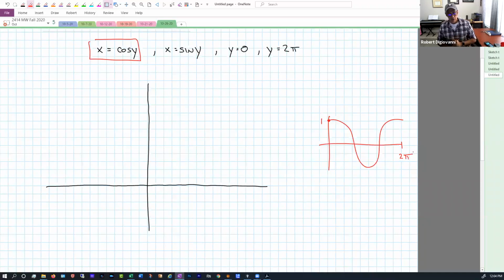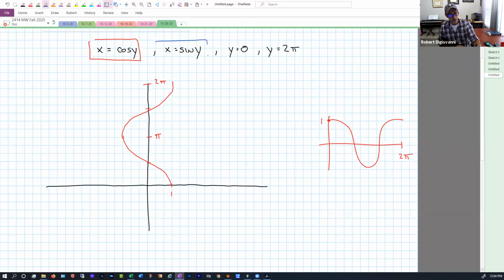So it's the same thing, but instead of 1 on the y-axis, it's 1 on the x-axis. And then it stops here at 2 pi. Halfway would be pi, and at the quarter marks is where I cross through. So it's going to be something like this. That's good enough.